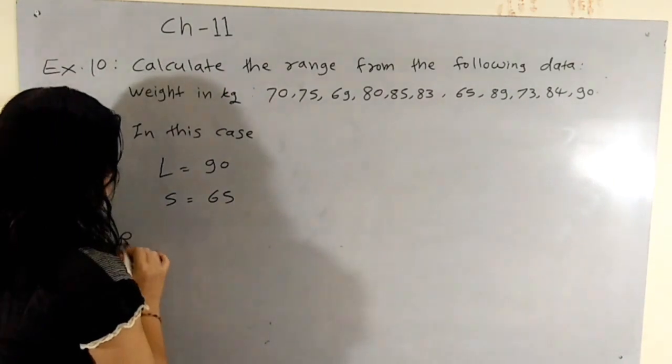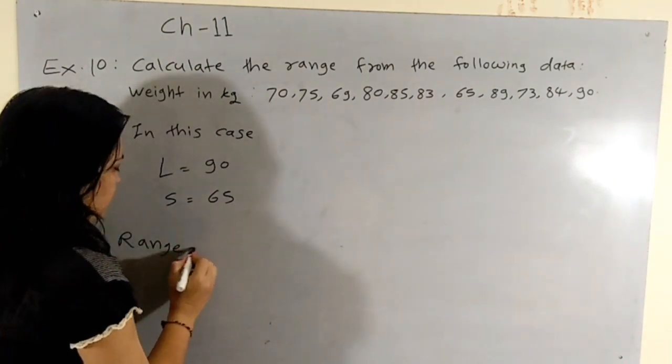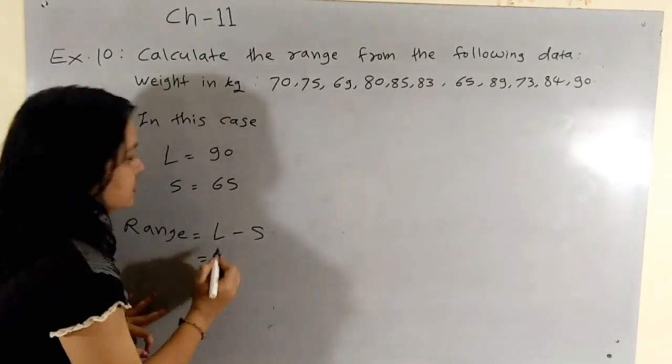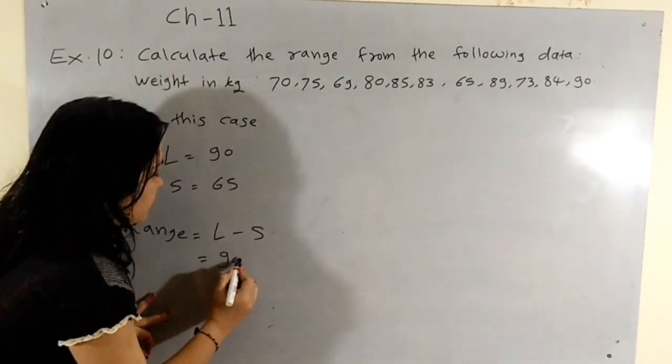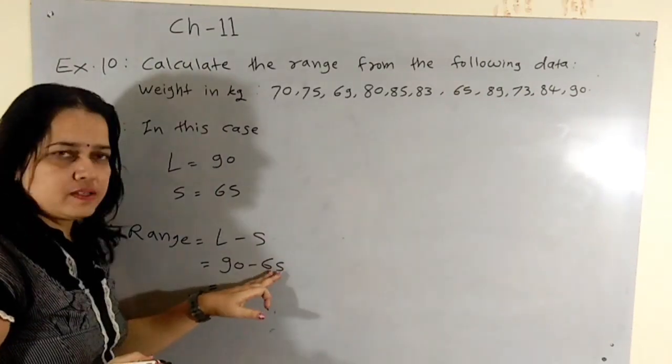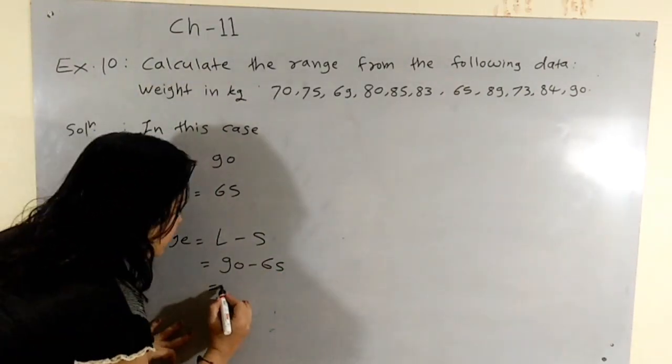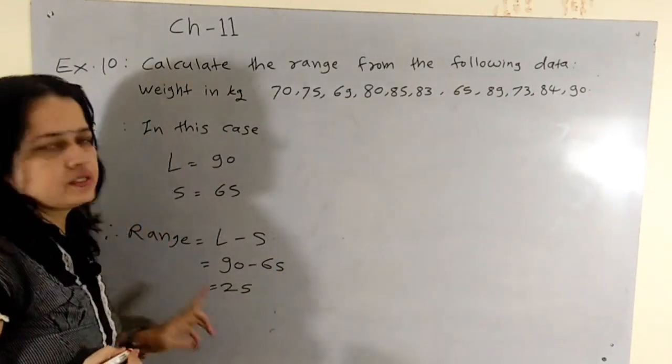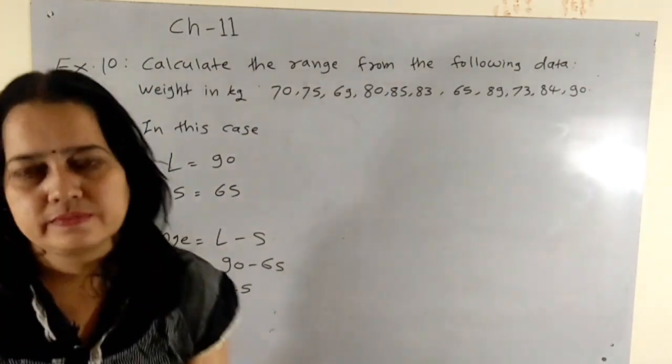Therefore range is equal to L minus S, which is equal to 90 minus 65, which is equal to 25. So we get range is equal to 25.